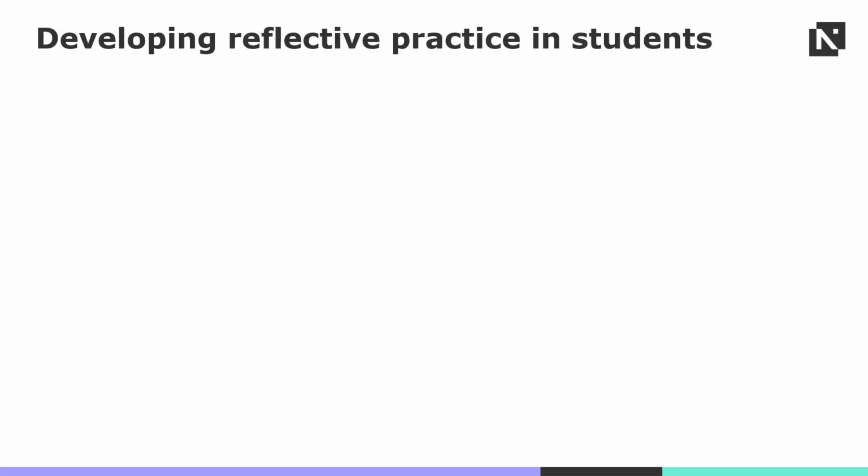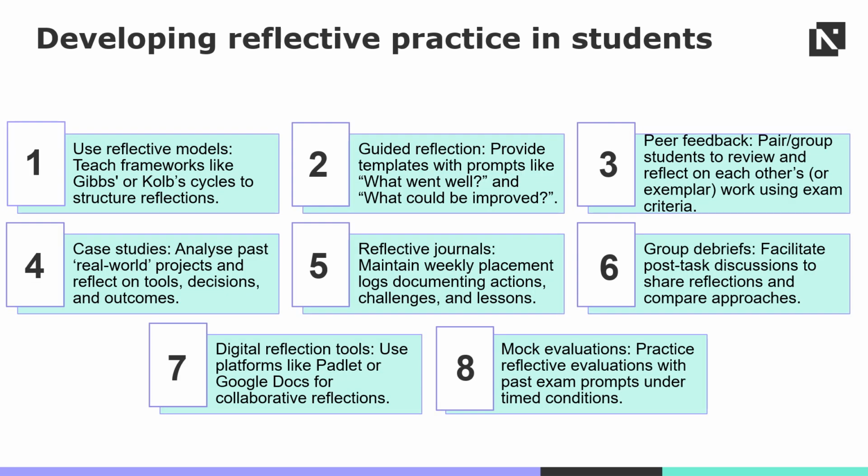So how do we develop reflective practice in students? Introduce reflective models. Teach students to use reflective frameworks such as Gibbs or Kolb, or the Describe, Interpret, Evaluate model. Why it works: these models provide structure to guide students through the reflective process.